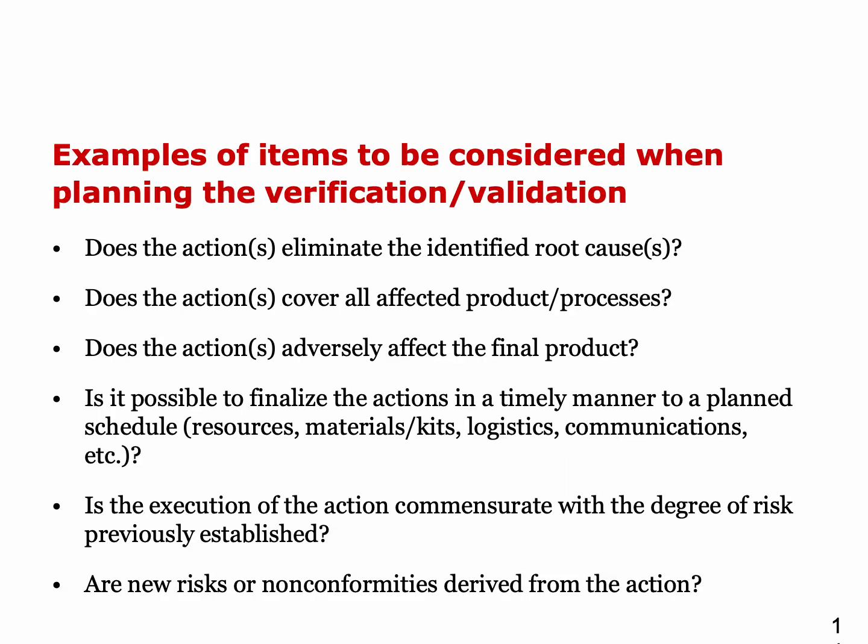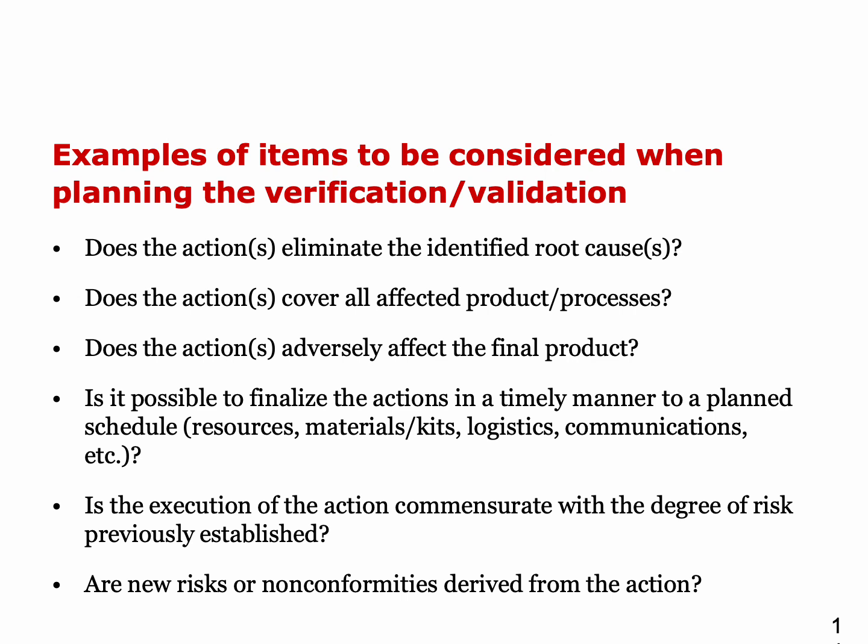Now, talking about examples of items to be considered when planning the verification and validation, we have to have these questions. So does the action eliminate the identified root cause? Does the action cover all affected products and processes? Does the action adversely affect the final product?